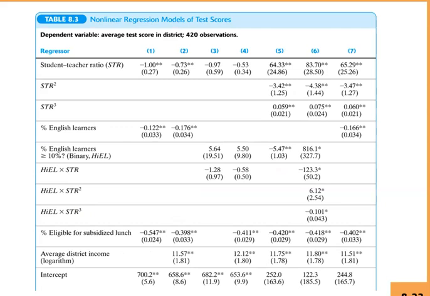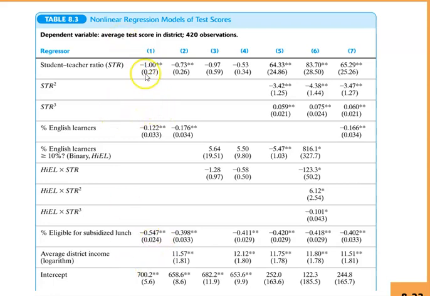So if I am a researcher who is interested in the relationship between student-teacher ratio and test scores, and I am also wary of the fact that there might be nonlinearities in this relationship, as well as the relationship differing when taking into account the percentage of English learners in the classroom, I will simply start off with the first specification, in which I just have student-teacher ratio and the percentage of English learners, as well as the percentage of students eligible for subsidized lunch, as my baseline regression.